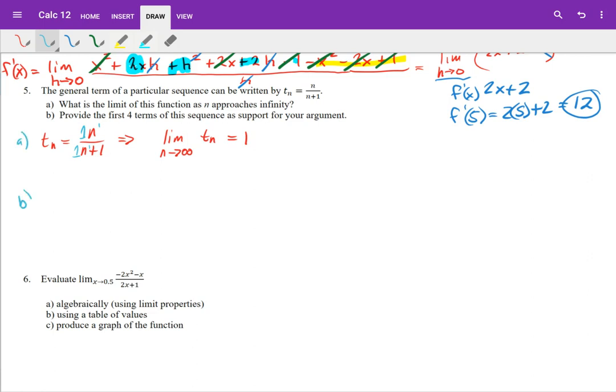That's A. Here's B. Provide the first 4 terms of this sequence so that we can see what's going on. So term 1 is 1 over 1 plus 1, or 1/2.